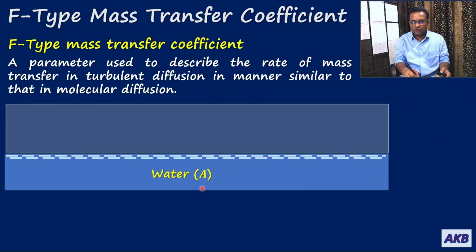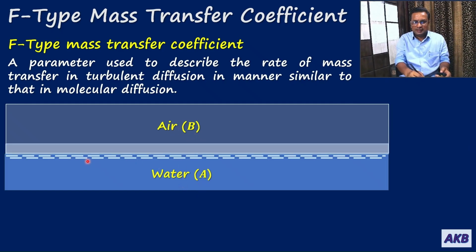So this is water which is stagnant. It is in contact with air under turbulent conditions. Water, I'm going to denote it by A. Air, I'm going to denote it by B. Then at the surface of water, there will be a thin film of air. And what is the significance of this air? Within this film, the conditions are stagnant.